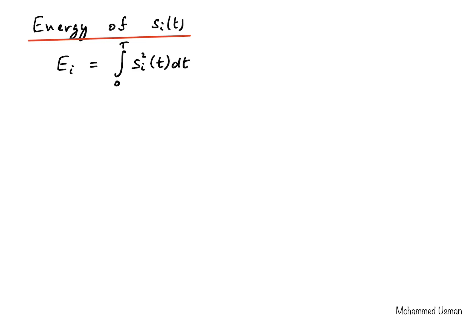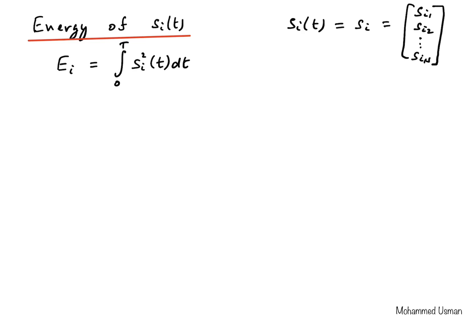But if we have this signal available to us as a vector, so suppose we have Si of t as a vector Si, given to us as elements Si1, Si2 and so on up to Sin, okay? Then how do we compute the energy?